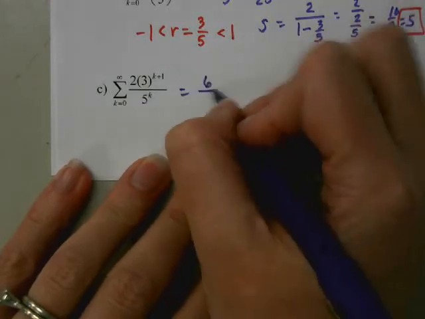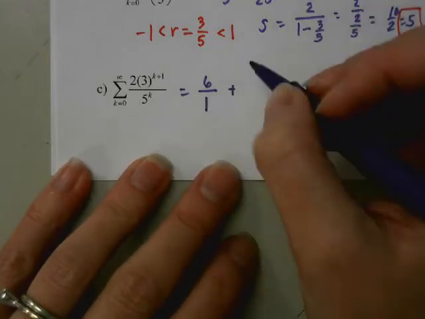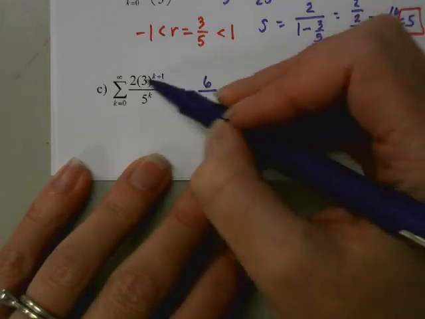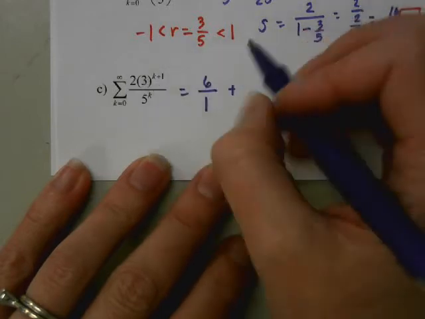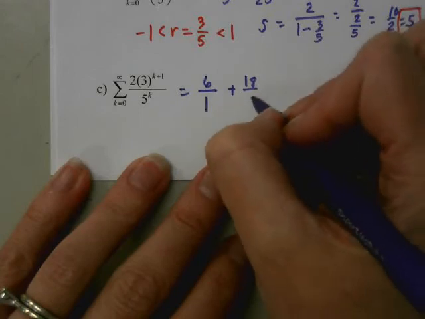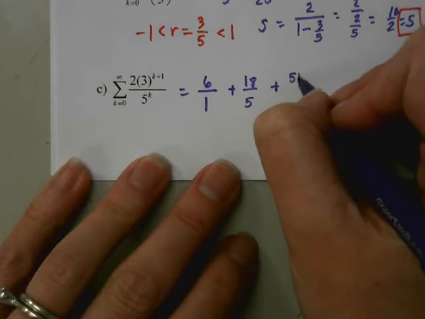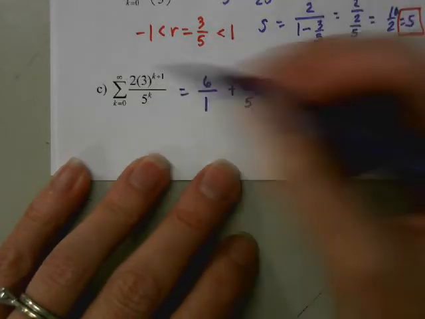So we're going to have a 6 over 5 to the 0, which is 1. Plug in a 1, we're going to have 2 times 9, which is going to be 18 over 5. Next one's going to give us 54, because it's going to be 27 times 2, over 25, and so on.